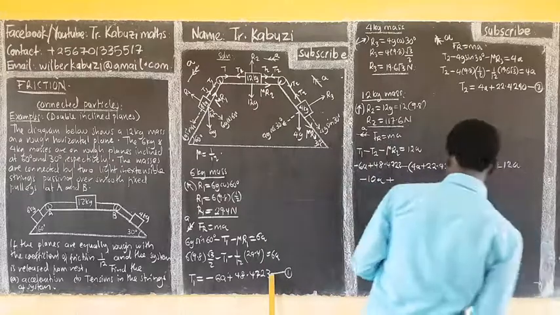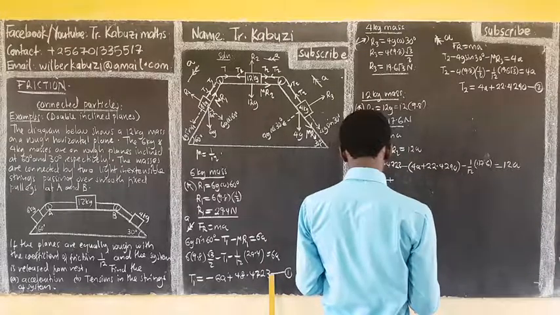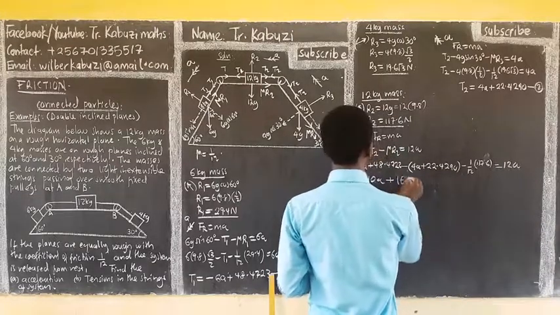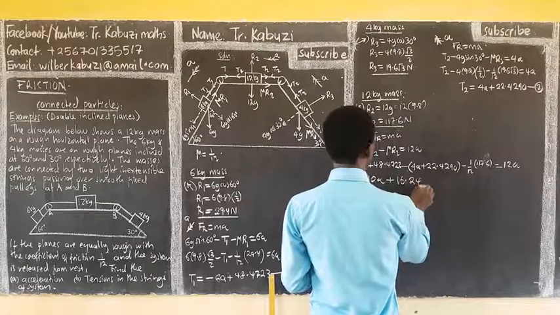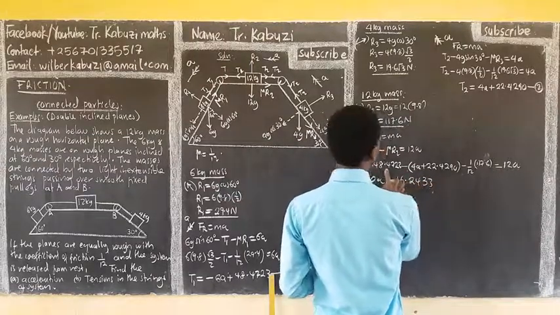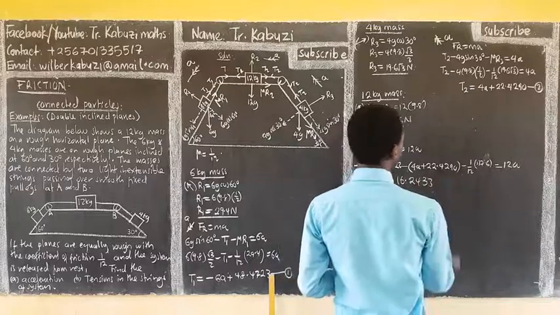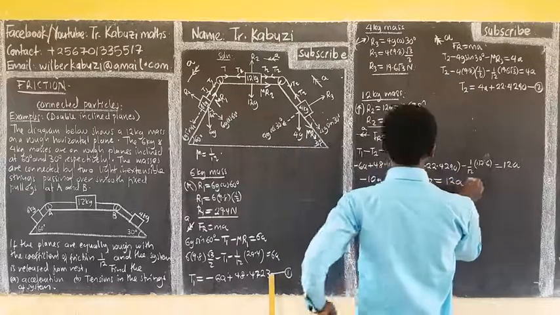So here I'm getting 16.2433. When you get this, minus this, then minus this, equaling 12a.